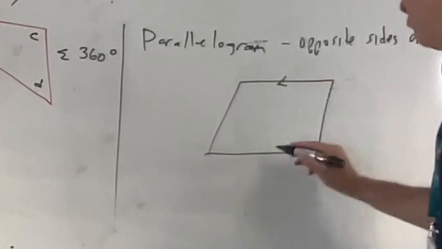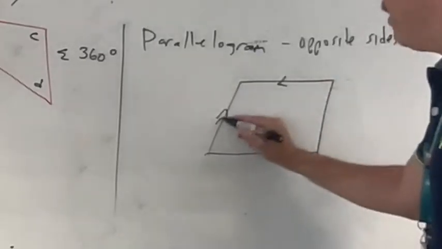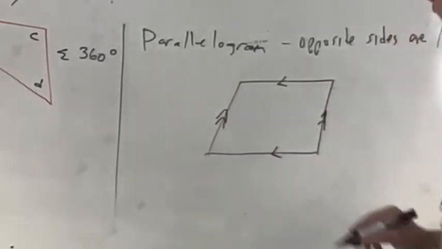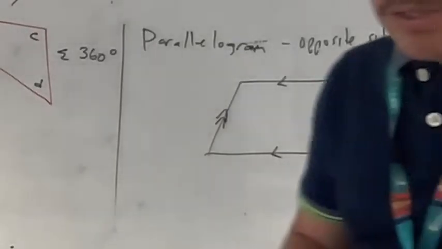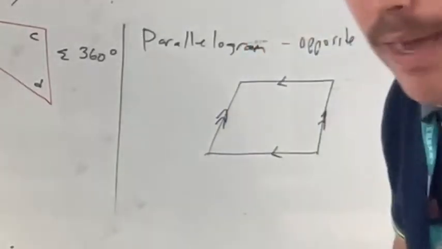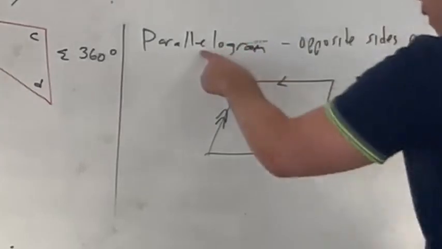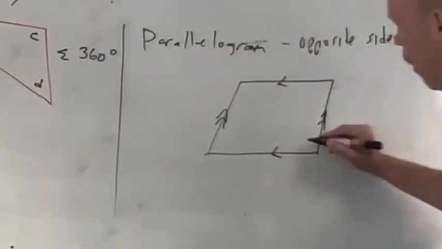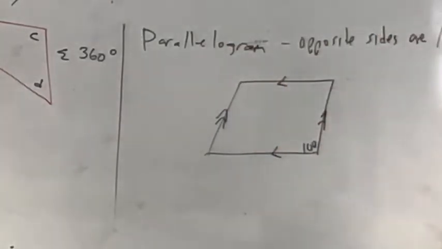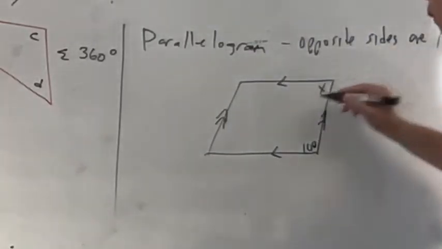This side is parallel to this, and this side is parallel to this side. So the question might be, this is a parallelogram, and you're told this angle down here is 100 degrees. And the question might be, find the other angles.